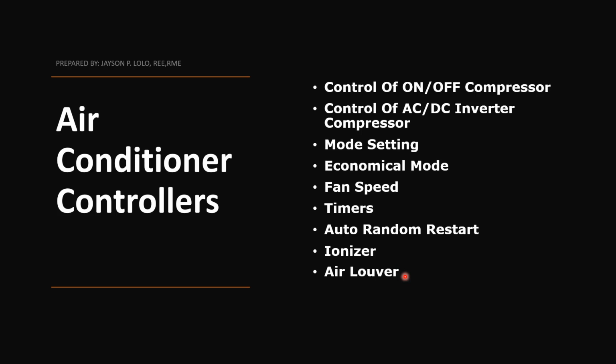And the last part is the air louver function. It helps to direct the airflow in the direction of your choice. Most controls have at least up and down control of the airflow. Some units may have left and right louver control as well.